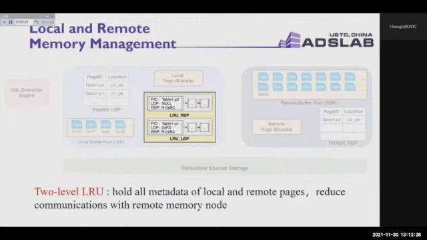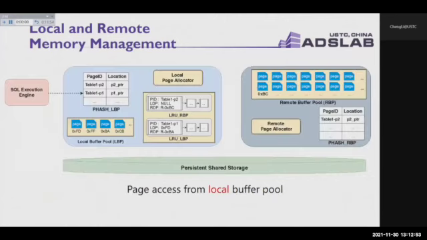For one page, it is possible that it has a remote cached copy and also a local cached copy as well. This two-level LRU holds all the metadata of the local and remotely cached pages, and also reduces the communication with the remote memory node because we don't need to read the metadata anymore. Locally, we can decide the address of the remote pages as well.